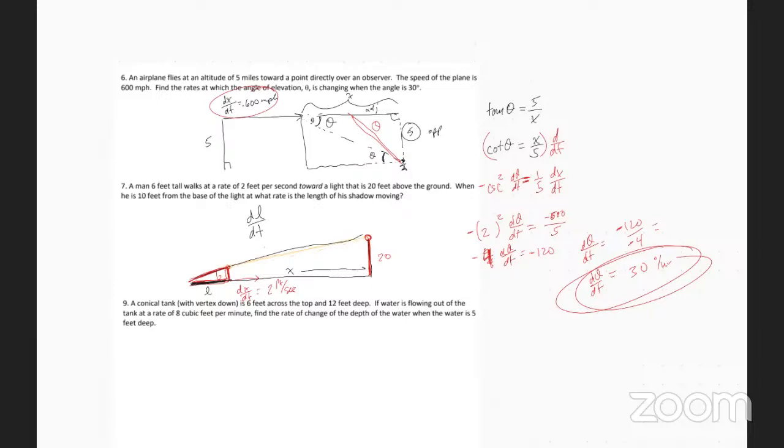So we're going to call that X. So the formula we're going to set up is: six is to L as 20 is to X plus L, right? That's the proportion we can set up.